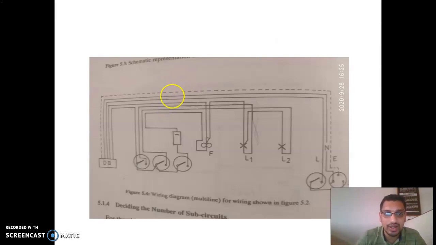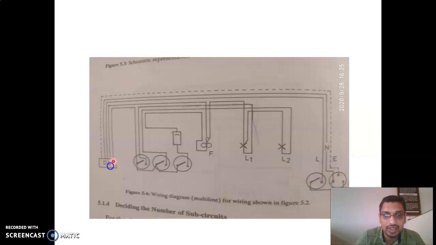So this is the wiring diagram of the given plan. The first element is the DB. From the DB we have two circuits, one sub-circuit and one power circuit, each carrying a single phase supply, that is, one phase and neutral.